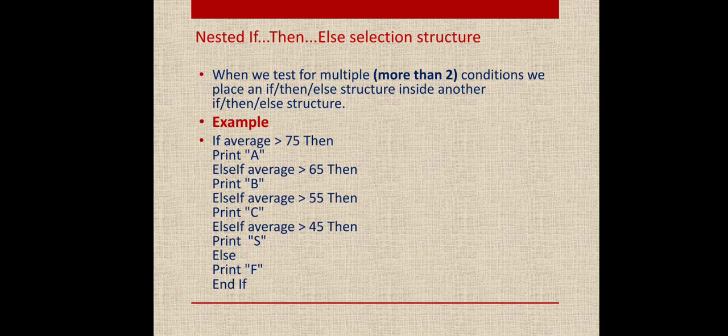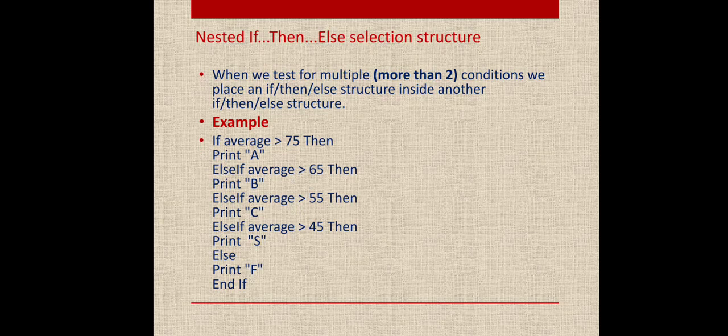Actually, how many decisions have we taken here? We have taken 1, 2, 3, 4, 5, 6 decisions by this nested if then else statement, or we can say the nested if then else selection statement or selection structure.